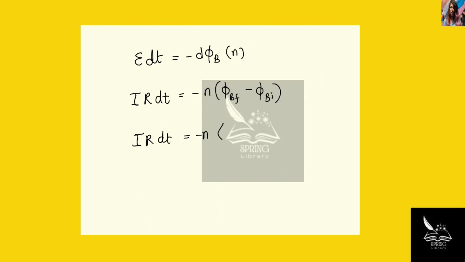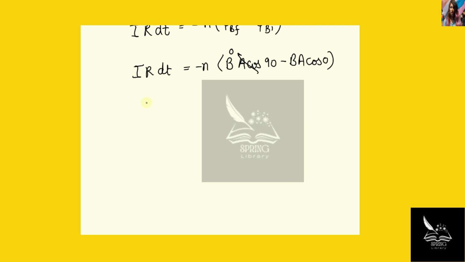So it will be BA cos 90 minus BA cos 0. The first goes to 0 and then we just have the second. Minus minus becomes plus. And because the area is changing, I will write dA.